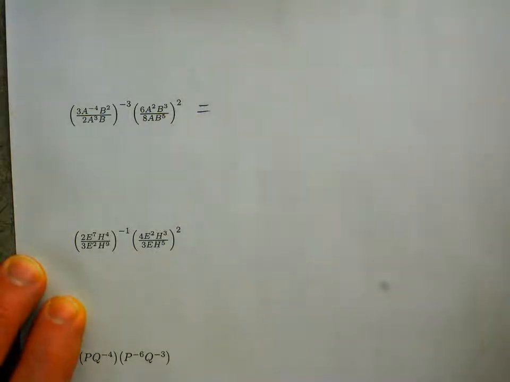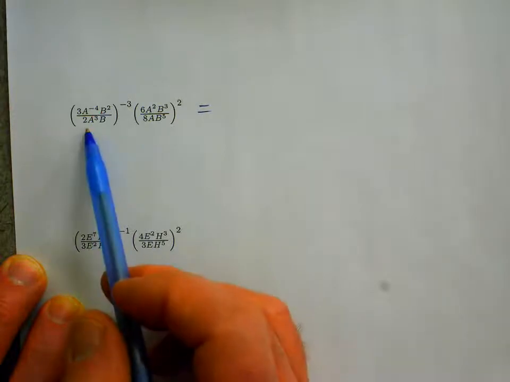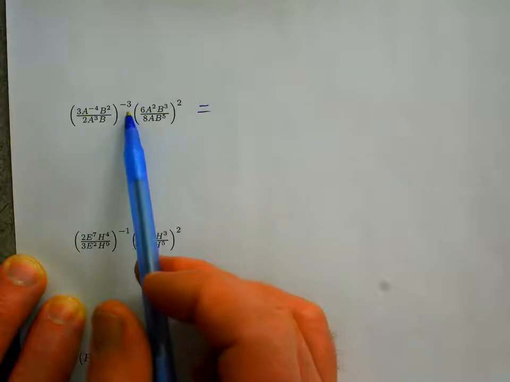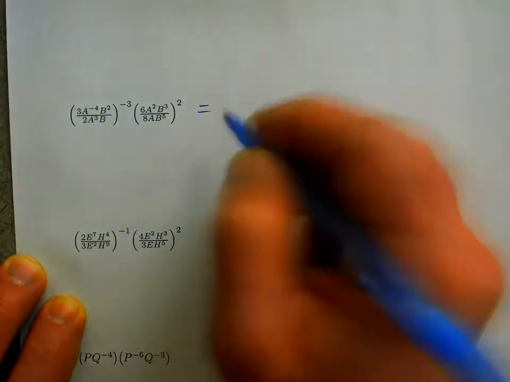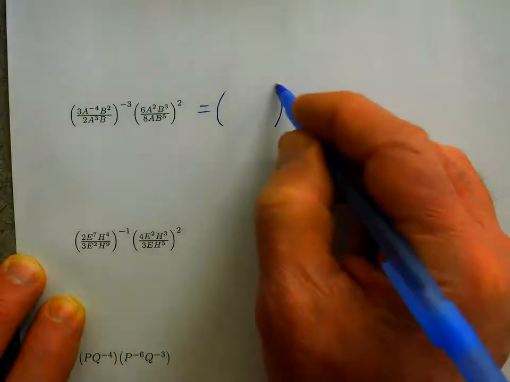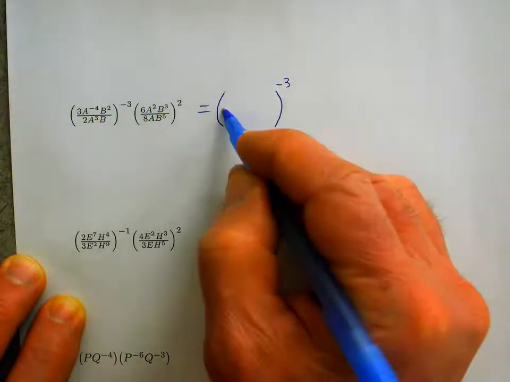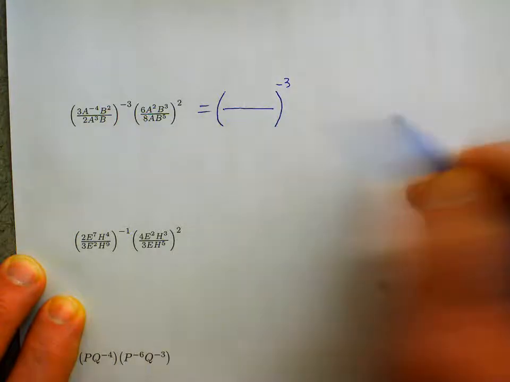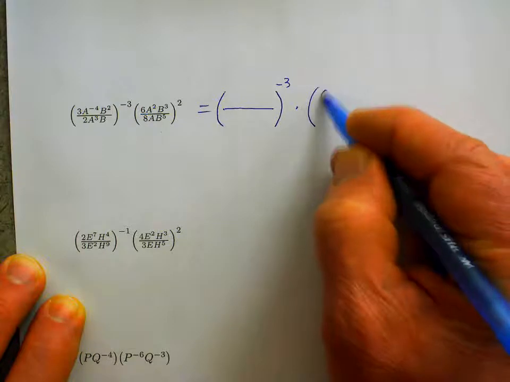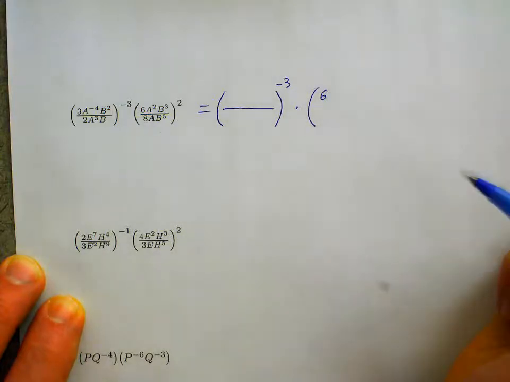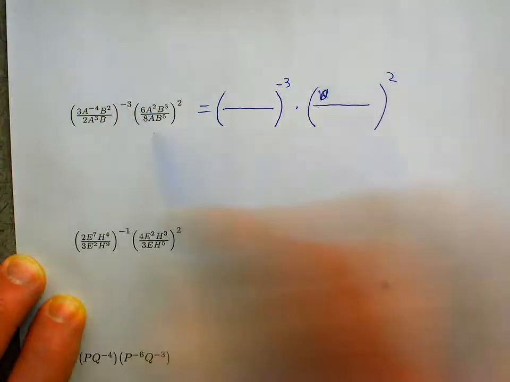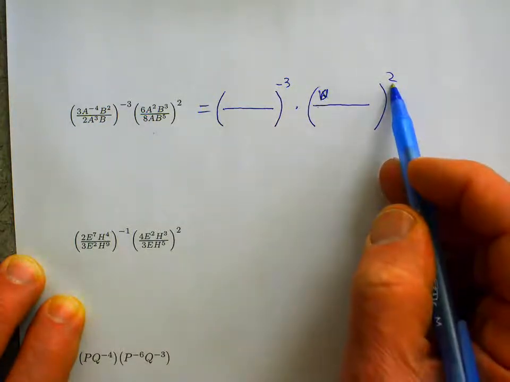So I'm going to simplify what's inside each set of parentheses, and then afterwards apply the outer exponents. So we have a rational expression raised to the negative 3. We're going to simplify the rational expression first. And then we're multiplying that by another. We're going to simplify that rational expression and then afterwards raise it to the power 2.